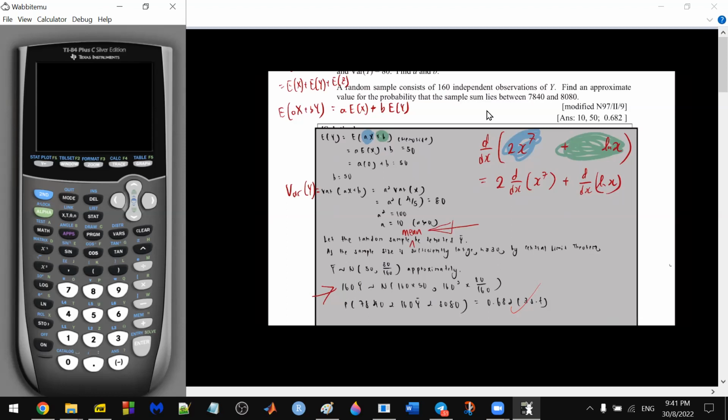Okay, what's the definition of y bar again? The average of all the observations. So y1 plus dot dot dot yn, which in this case n is 160, over 160. Exactly. Do you notice that this is a sum already?